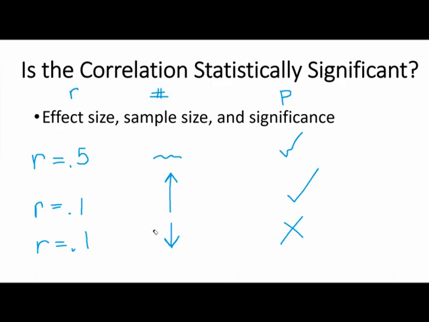Our small samples, the ones that have a very small sample size, are a lot more easily influenced by chance events when you're choosing these samples. So you could, by chance, pick people that are going to give you this relationship, even in a population that doesn't have that relationship.